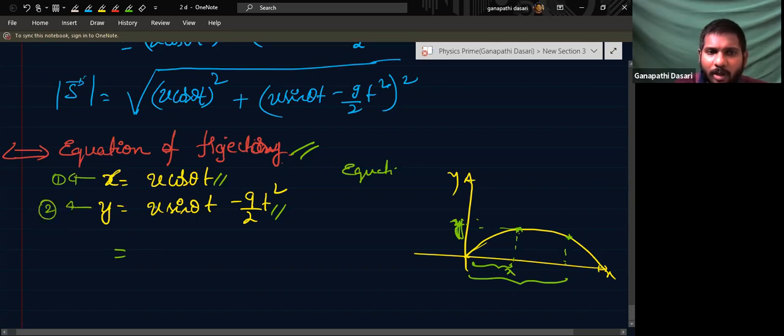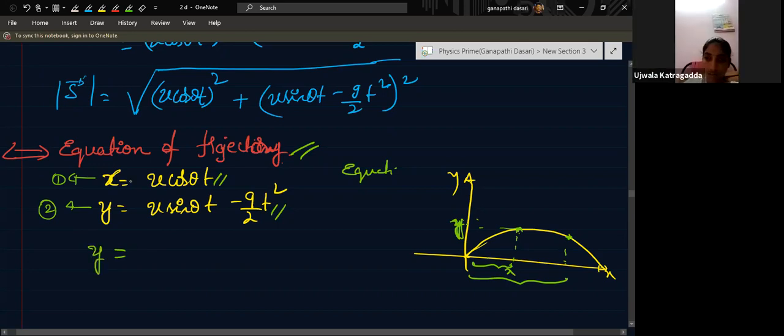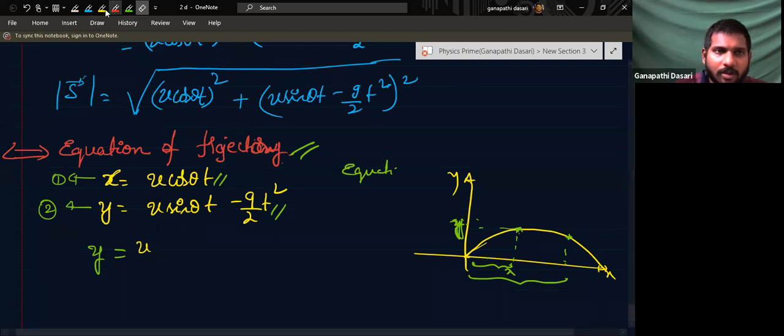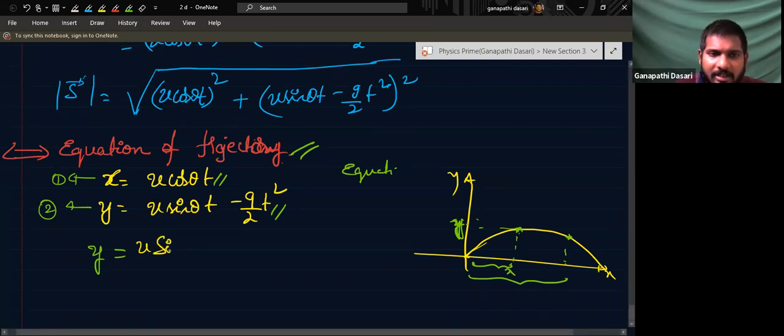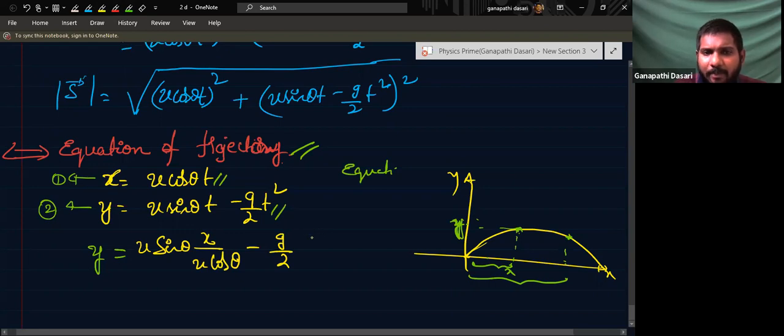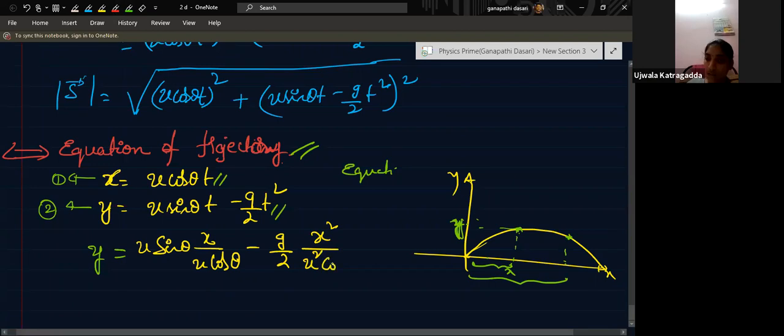From the first equation, t is equal to x by u cos theta, can I write? Yes, sir. y is equal to u sin theta into t, where t can be replaced by x by u cos theta, minus g by 2 into t square, where t square can be replaced by x square by u square cos square theta.